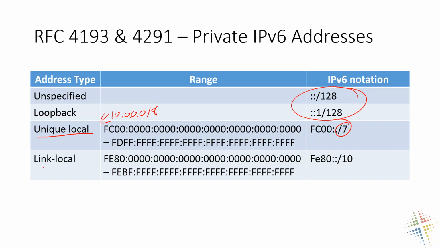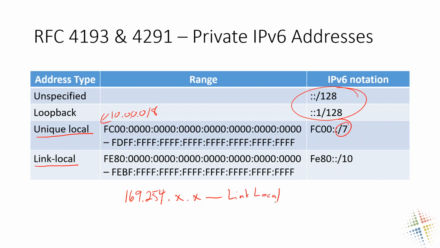The last one here is what's called the link local. You may have seen on a system that you try to connect to the internet, and you look at the address and it's a 169.254.something.something network. And this is an IPv4 link local address.